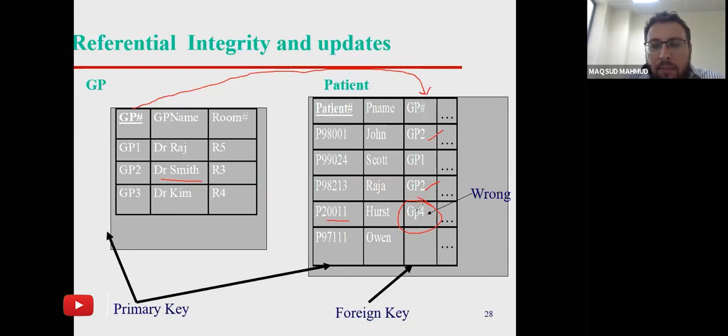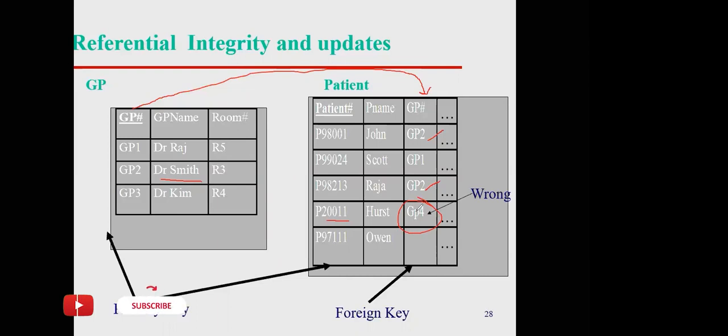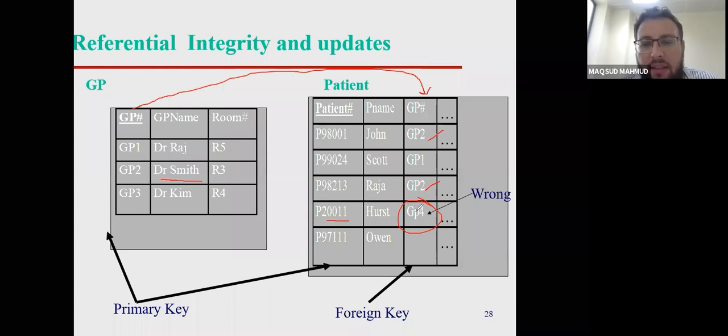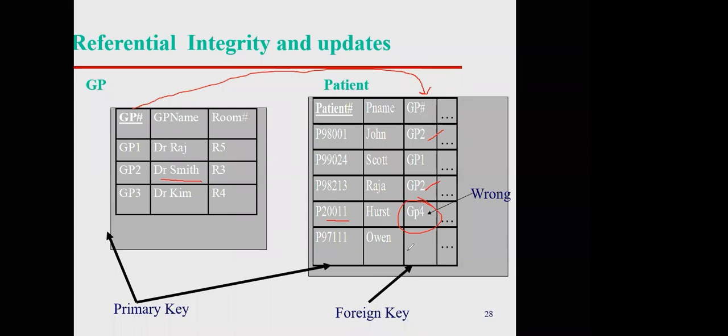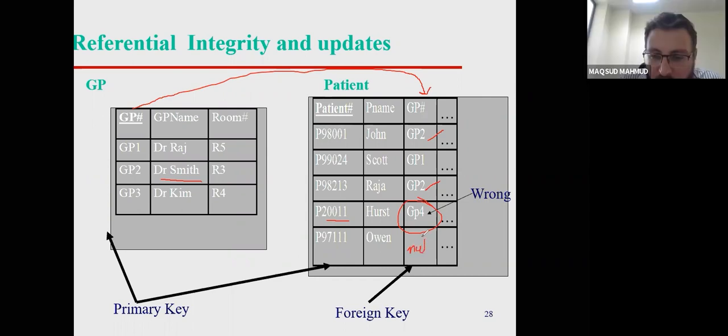So the referential integrity will hold in the foreign key in the patient table, except GP4, because the last one is null, and that is one of the conditions of referential integrity. You can keep the null, as we said null is okay. Why? Because this is a new patient, and the administrator did not assign any doctor because doctors are busy.